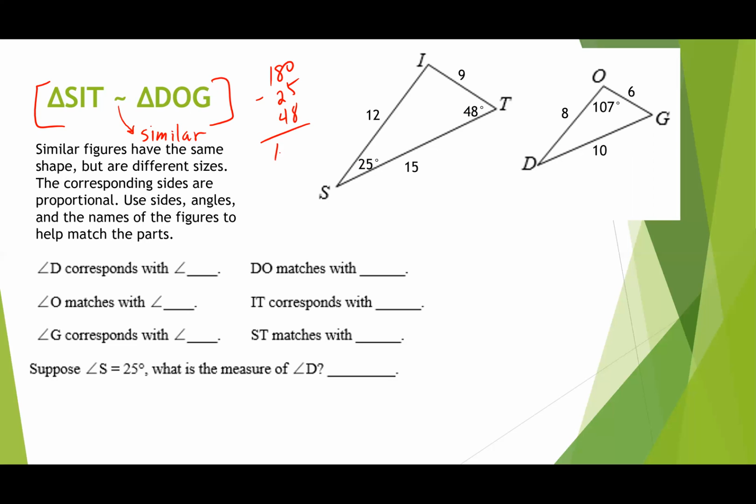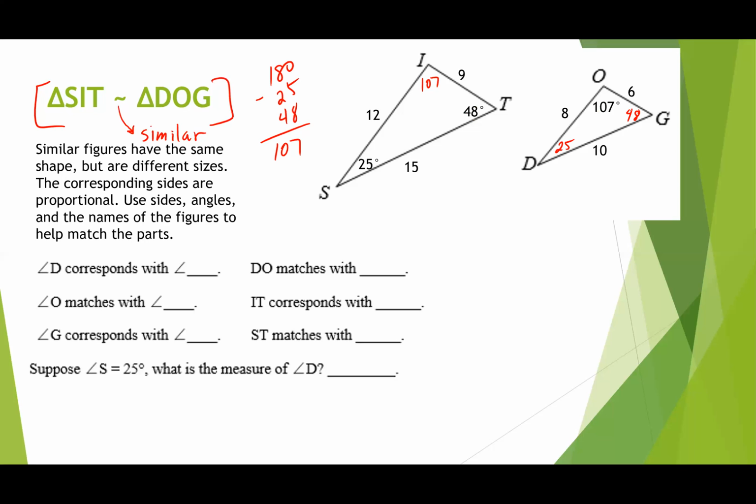That would give us 107. Now we can see which corners are supposed to match up. The 107 goes with the 107. The 25 over here goes with angle D, so angle D is 25. And the 48 at T would match with G.